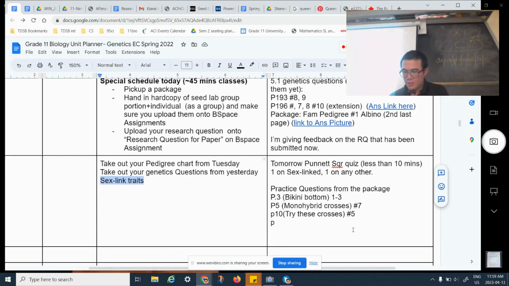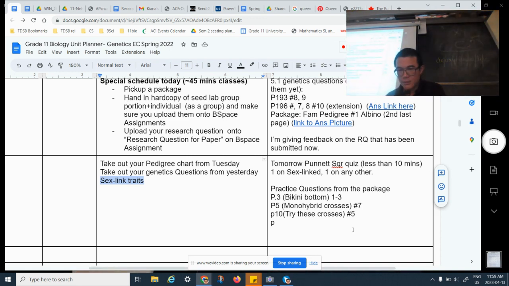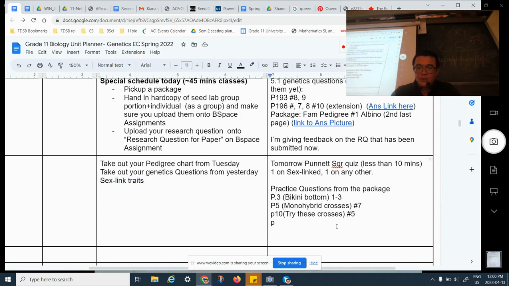11, 13, 15. Ooh, this is a good one. I like these questions. These are fun. Number 14. So page number 14, this is a blood typing one.